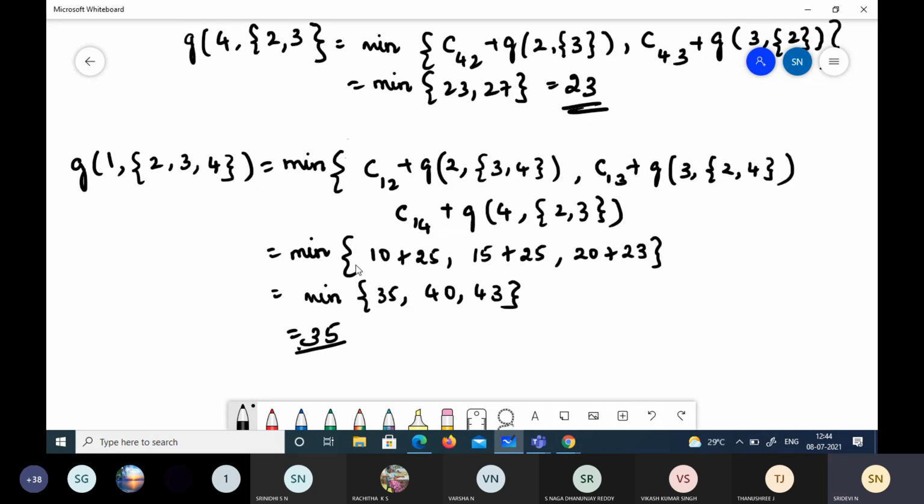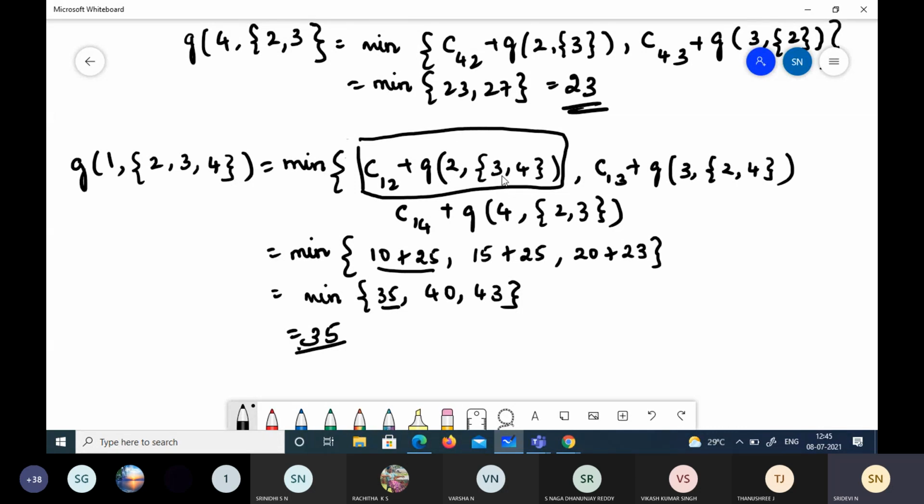Okay. So the tour, according to this, starts from 1. See here, this is the tour selected, isn't it? Because that's the one with minimum value. Right? So the tour starts from 1, goes to 2, and once it goes to 2, you can obtain the remaining tour from this G of 2, 3, 4.